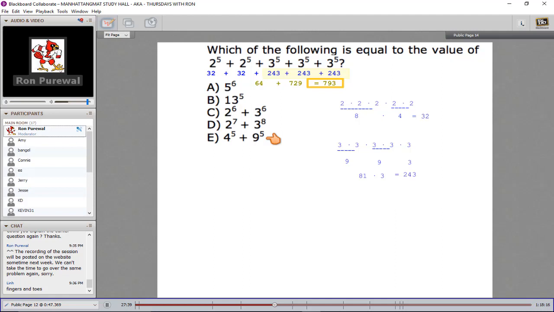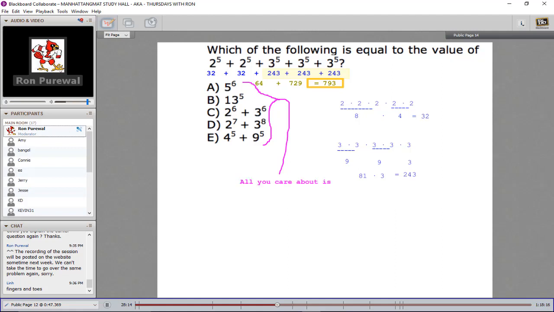What's all that we care about there? You just care whether or not it equals this. In other words, don't make the mistake. A lot of people just go on autopilot and calculate out the values of all 5 answer choices. Don't do that. The point here is just to see whether these are equal to 793 or not. That's all you care about there.